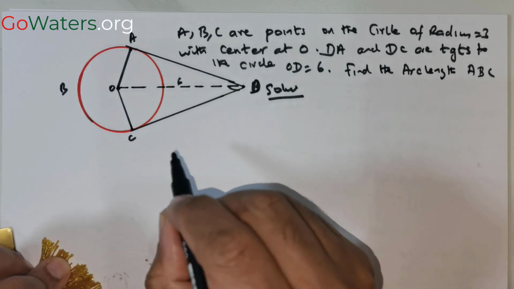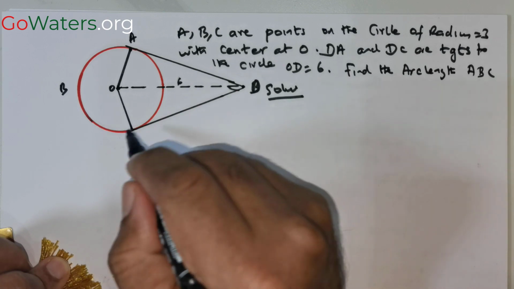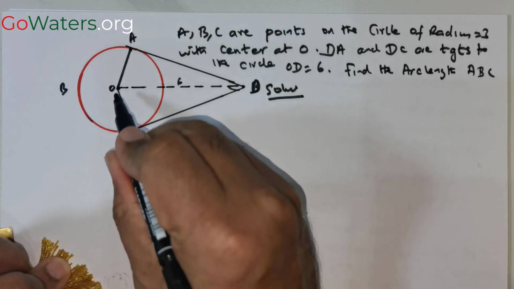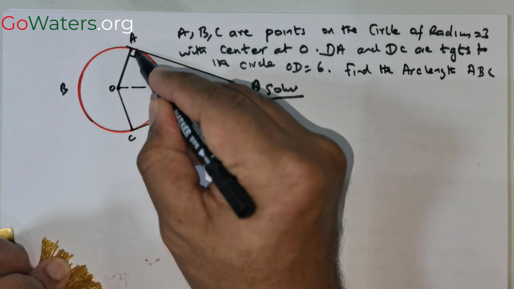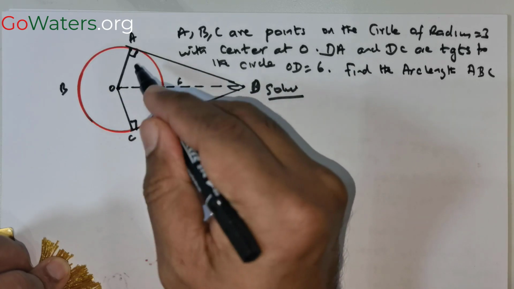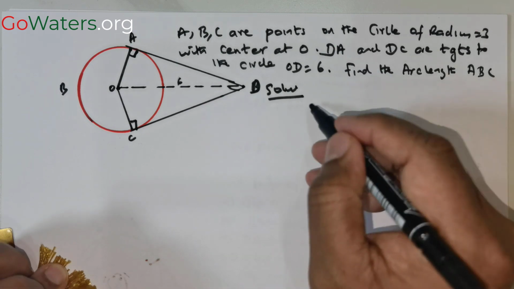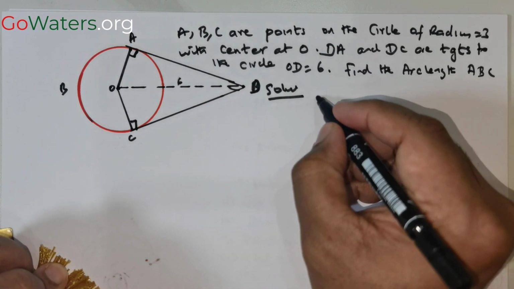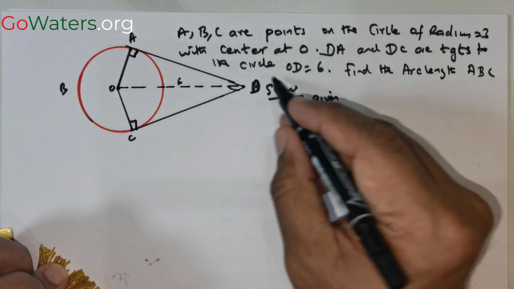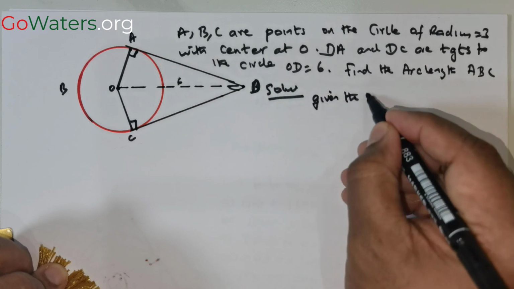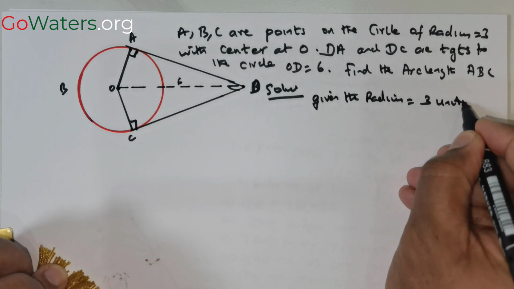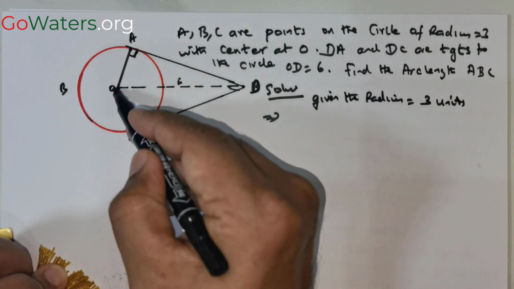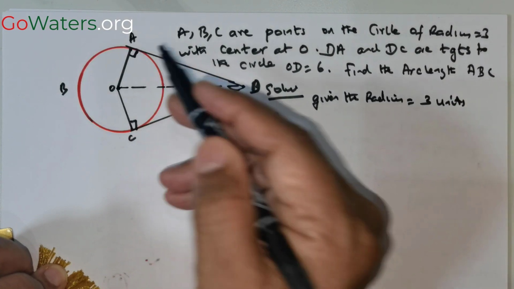Now first and foremost, from the figure, as I mentioned to you, locate the tangents. You have a tangent and a radius. You have a tangent and a radius. So draw that 90 degrees. You need to do this. That's the first step. Next, given that the radius is equal to 3 units, this would imply from the center to any point on the circumference, it's a radius.